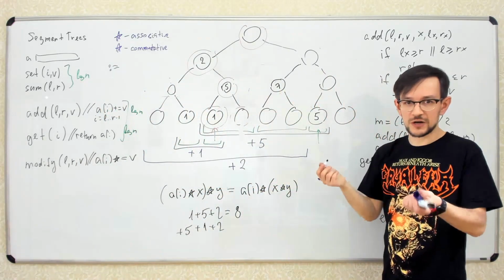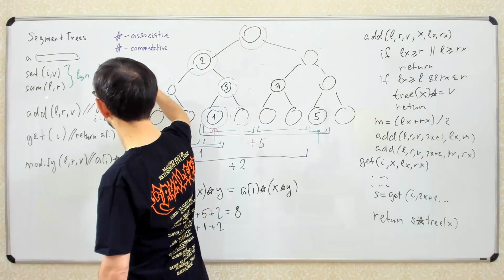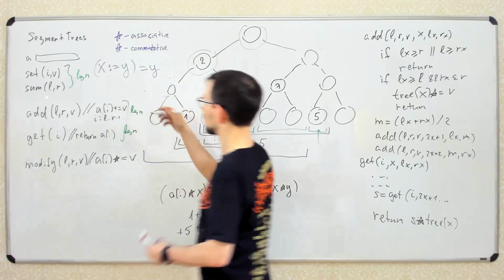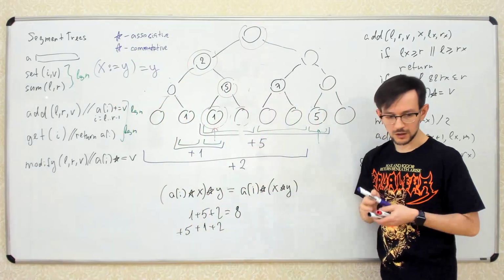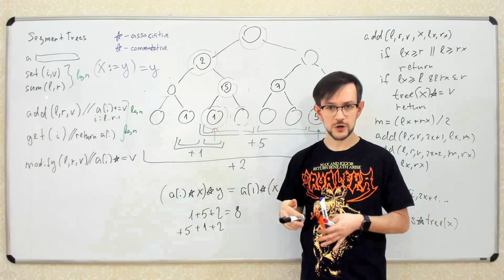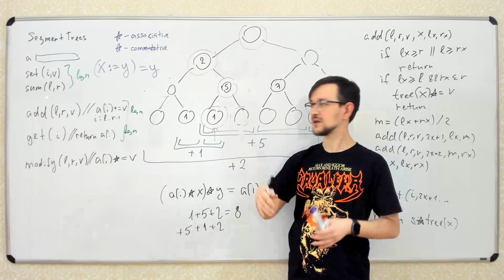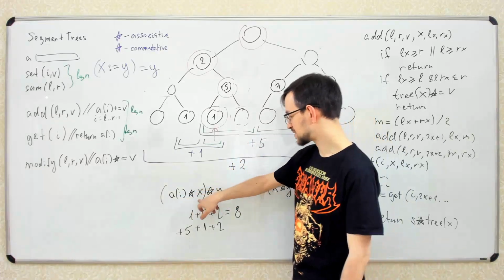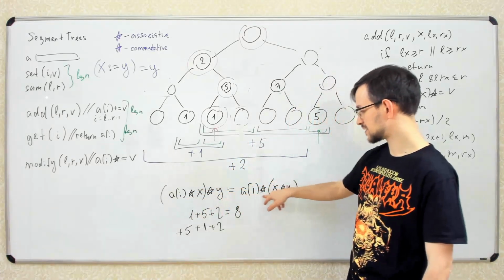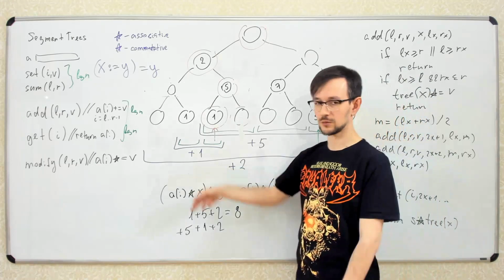If you have x and you assign value y, you will get y. It's quite a simple operation. It's obviously associative. If you assign x and then assign y, it is the same as assigning y, so all of these will be equal to y.